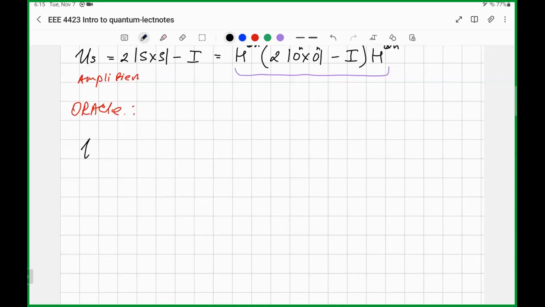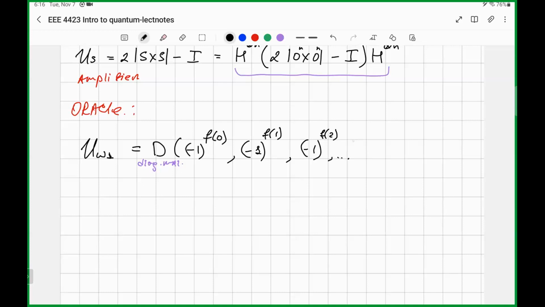So let us say that the operator of the oracle for our operation omega orthogonal is going to be the diagonal matrix, denoted by D. Okay, so it's a diagonal matrix with all 0 elements, but the elements standing on the main diagonal, and these elements will be minus 1 to the power of f of 0, then minus 1 to the power of f of 1, then minus 1 to the power of f of 2, and all the way up to minus 1 to the power of f of n minus 1.